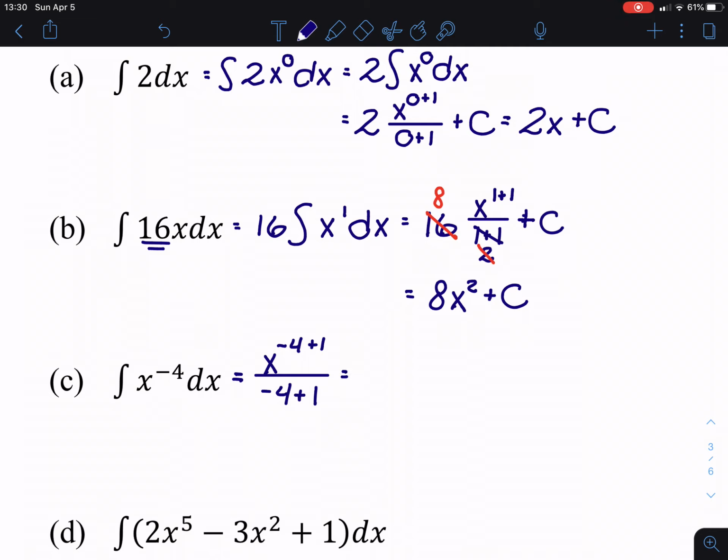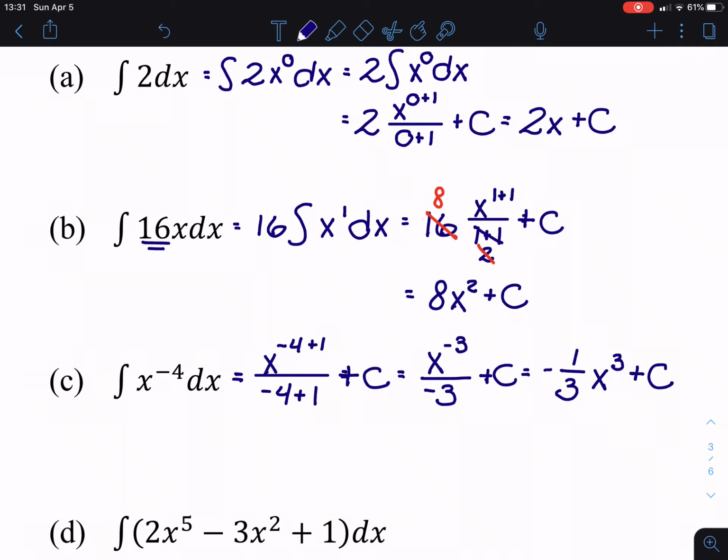And then don't forget the plus c. So this becomes x to the negative 3rd over negative 3 plus c. Or you can write this as negative 1/3 x cubed plus c.